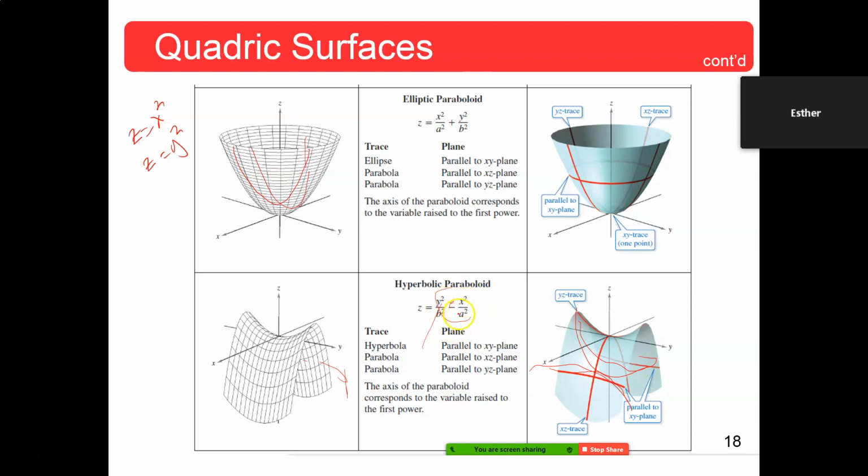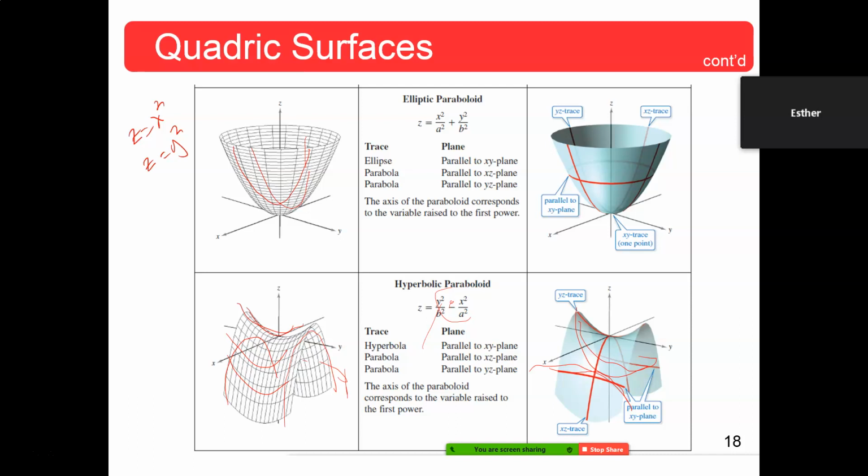Opening downward in the XZ plane there, and sure enough, those are opening downward like this. Every one of these is a parabola opening this way in the XZ plane. In the YZ plane, they're opening upward. Every one of those is a parabola opening upward because it has a positive A, so you're opening upward like that.